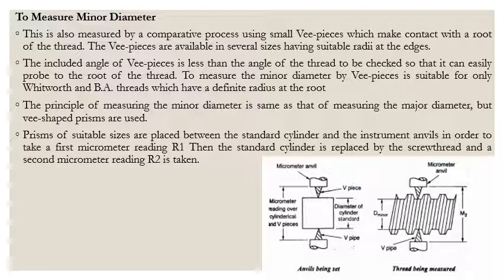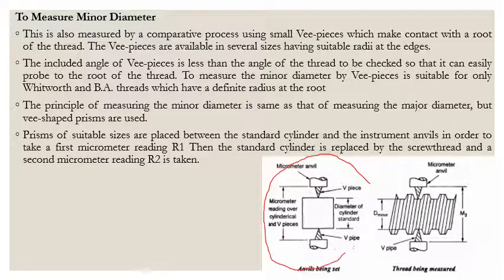Now the prisms are held between the micrometer anvil and the spring loaded plunger, and a uniform pressure, either 50 or 100, is applied, and the corresponding reading over the micrometer thimble or drum is recorded. Let me call it the reading R1.